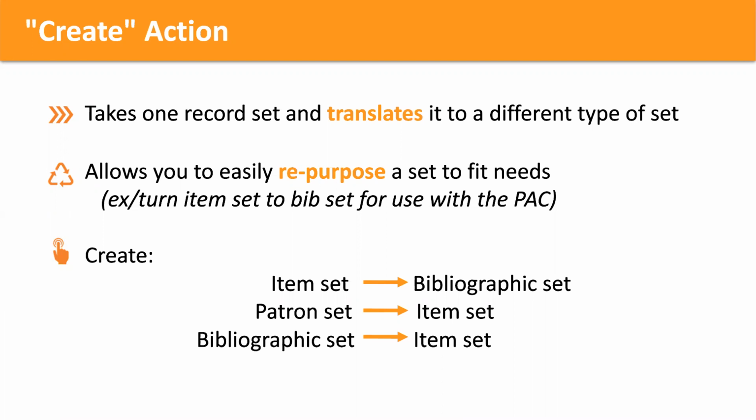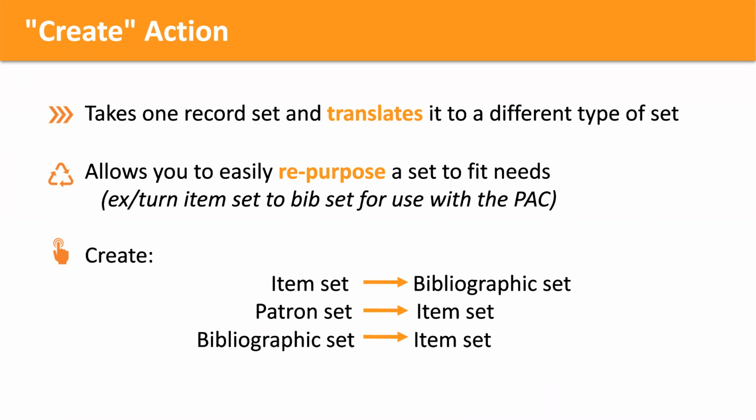Now for a bib record set, this one's a little trickier. You could create the inverse and create an item record set from a bib record set. And I say this is tricky because in a consortium setting, we all share bib records. So we all have items attached to the same bib records.